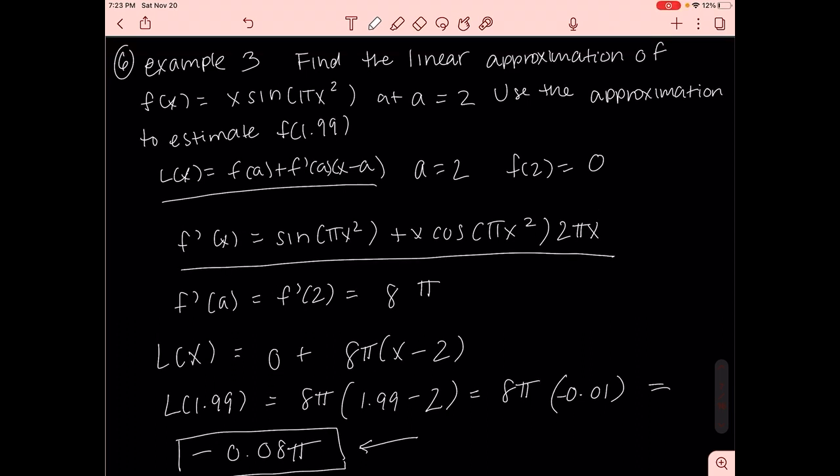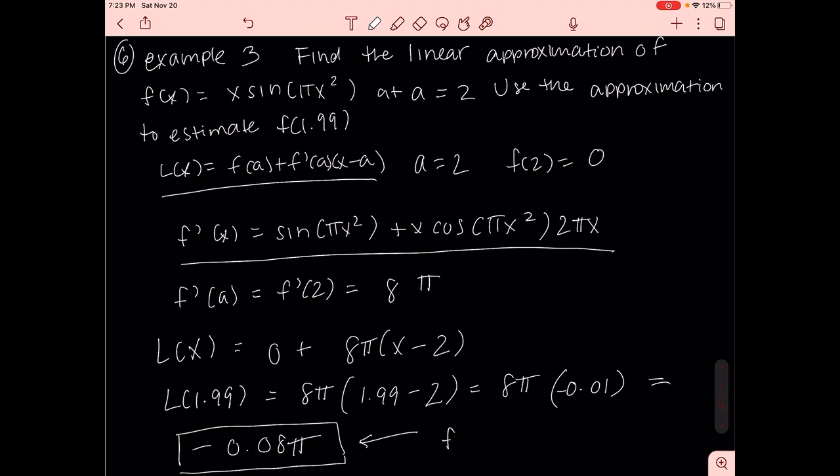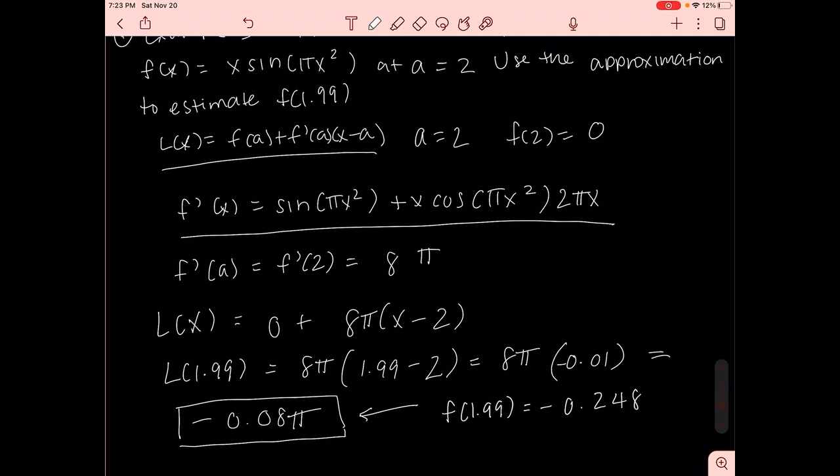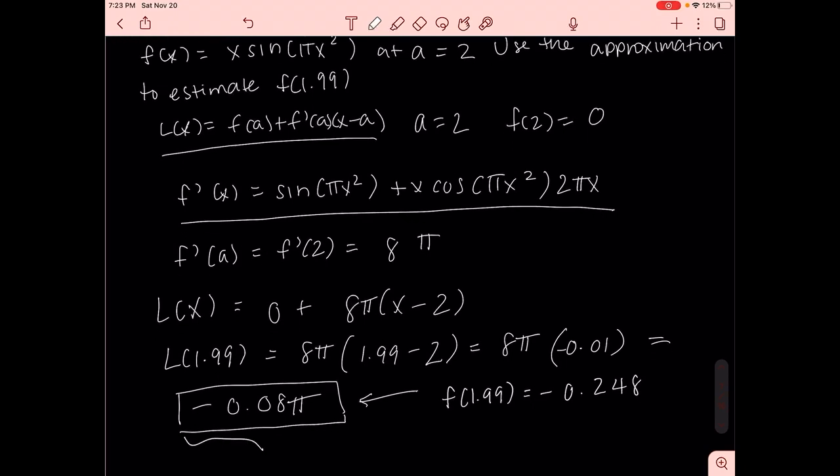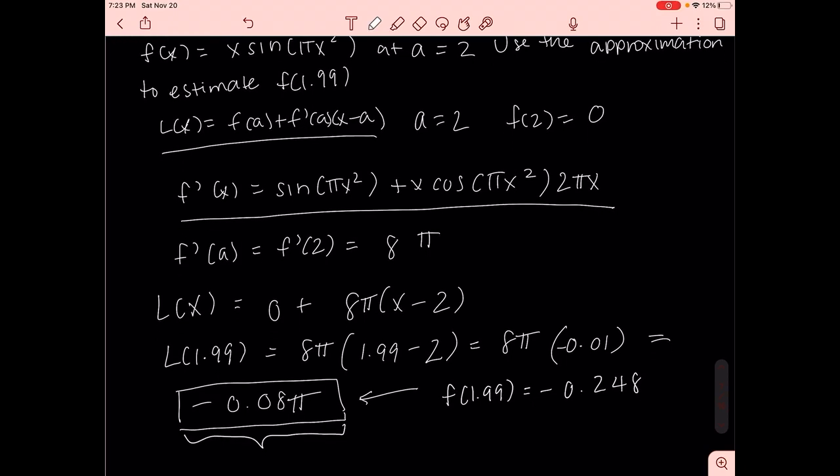So if we actually do use a calculator to figure out what f of 1.99 is, we get negative 0.248 to 3 decimal places. And if we simplify this value here, we get negative 0.251. So the value we obtained through linearization is negative 0.251, and the actual value of the function would be negative 0.248.